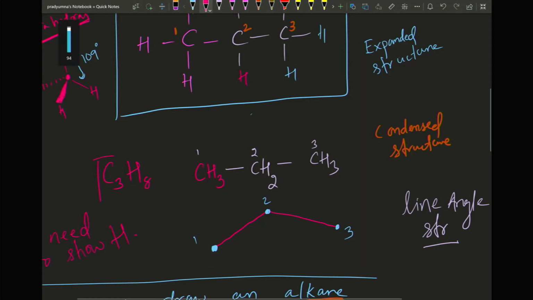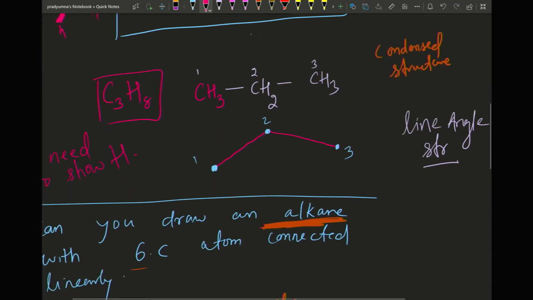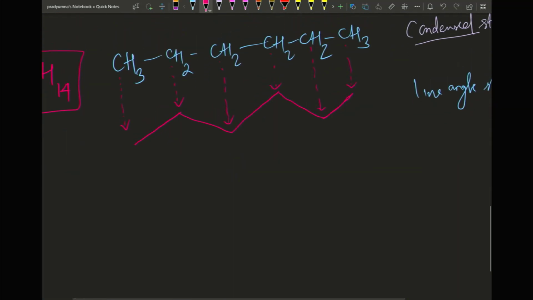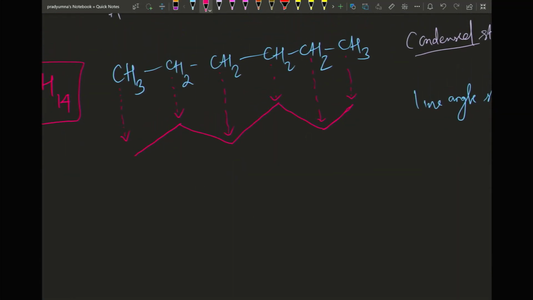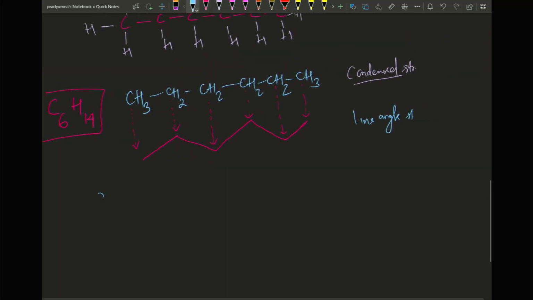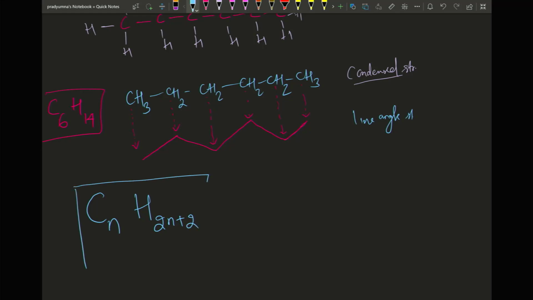So if you noticed, the formula is always gonna follow this pattern: CnH2n+2.